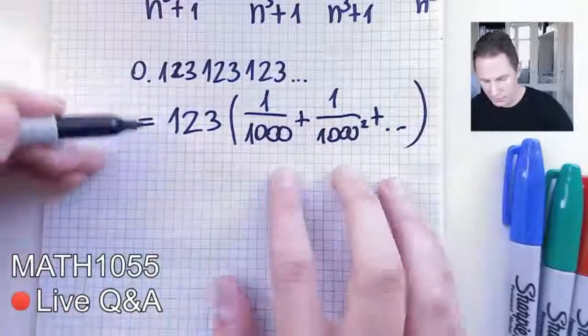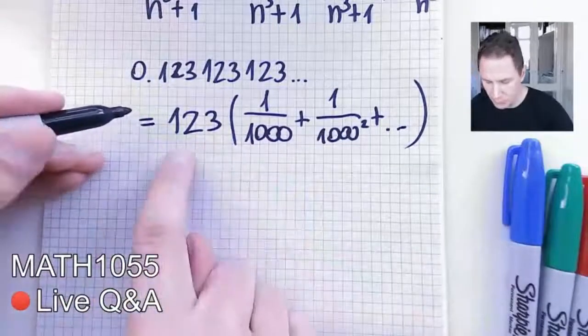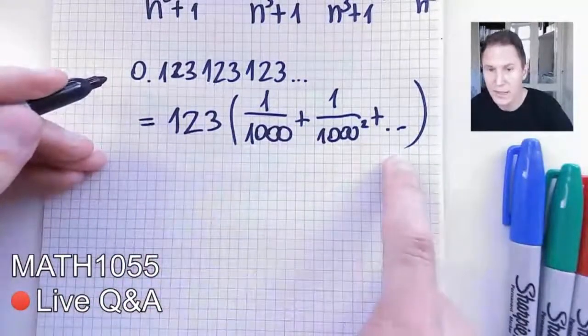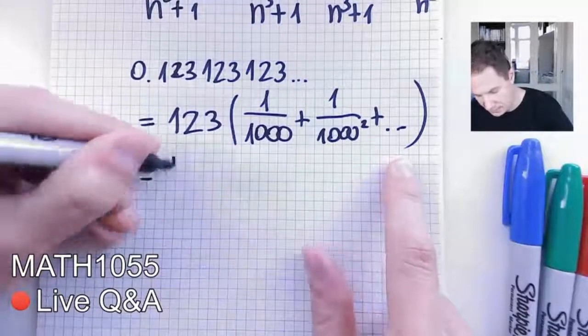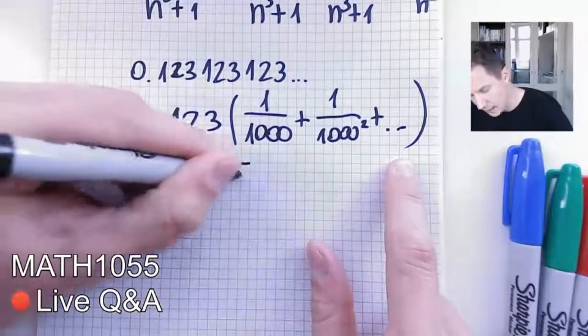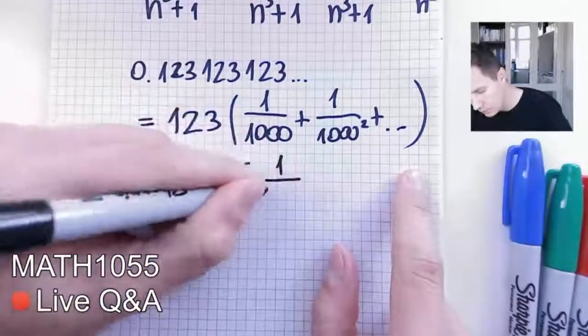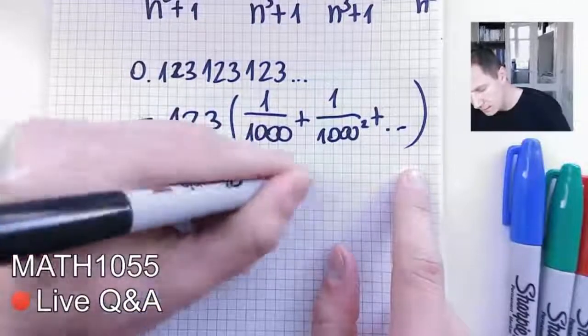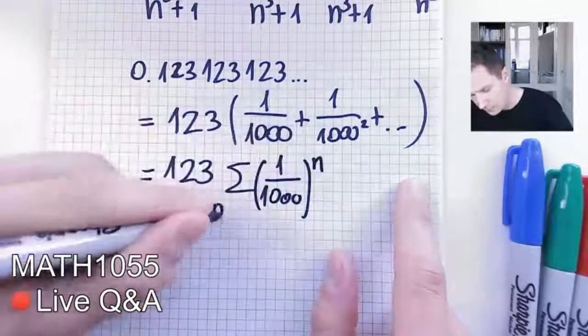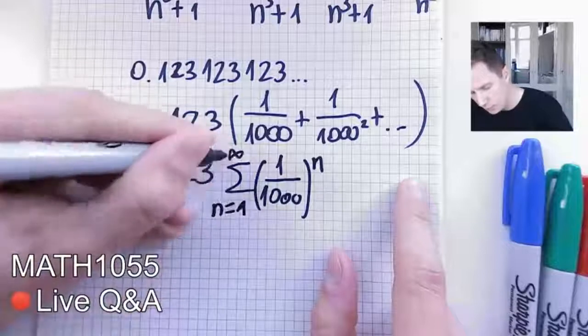So this number is equal to 123 times this geometric series. Let me write it in a way that you might recognize, with n going from 1 to infinity.